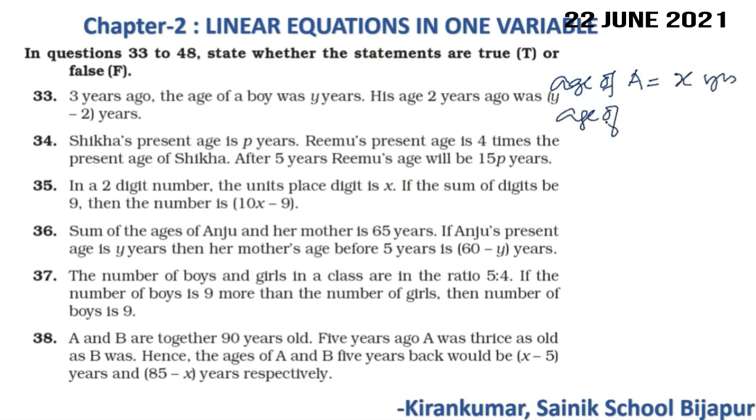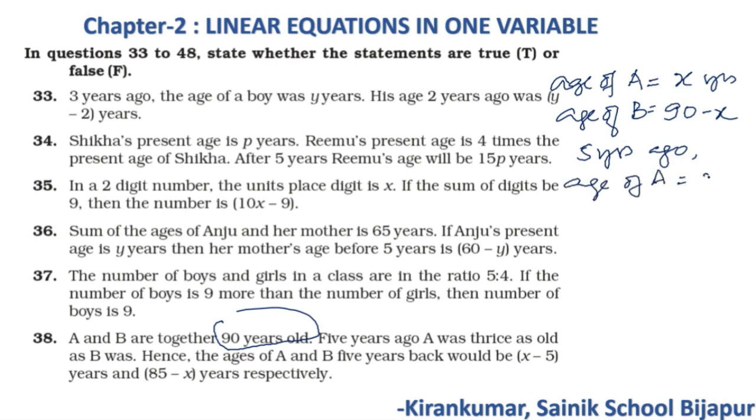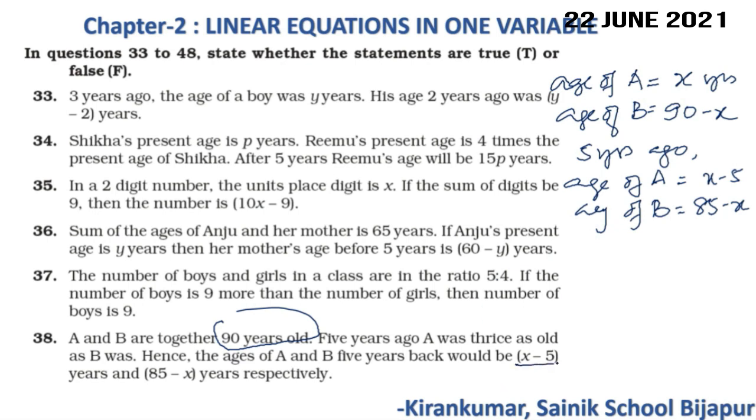So the age of B will be 90 minus x, because A and B together are 90 years old. So 5 years ago, the age of A will be x minus 5 years and the age of B will become 85 minus x. Hence, the given statement, x minus 5, 85 minus x, is a true statement.